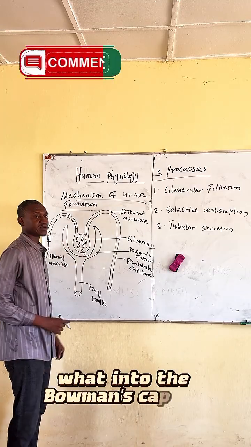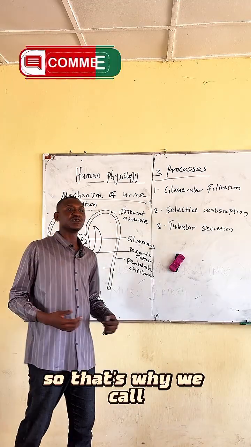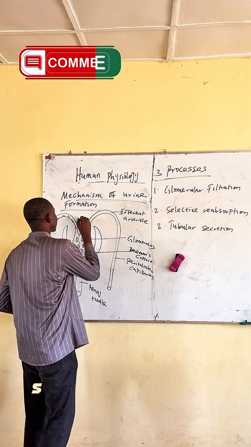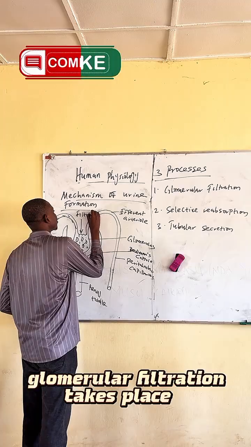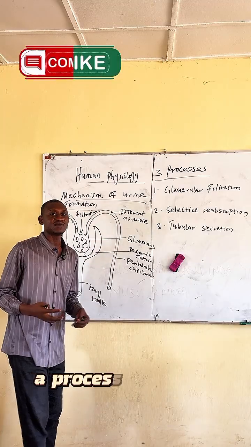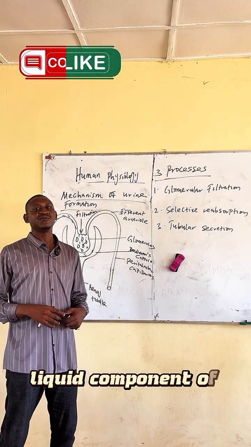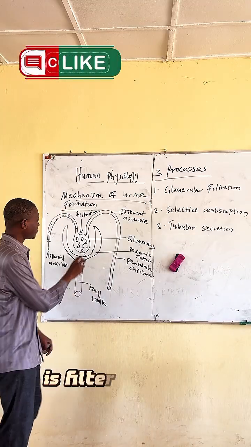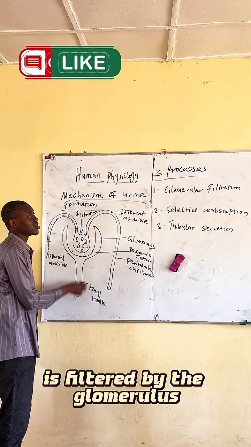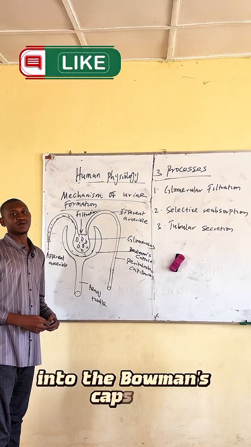Into the Bowman's capsule. That's why we call this process glomerular filtration. So it happens in the glomerulus, a process by which the liquid component of the blood containing waste products and even essential materials is filtered by the glomerulus into the Bowman's capsule.